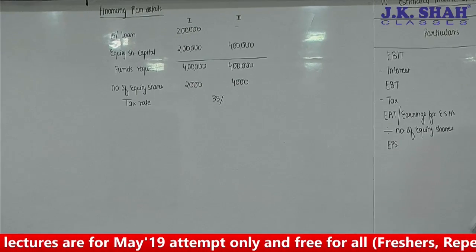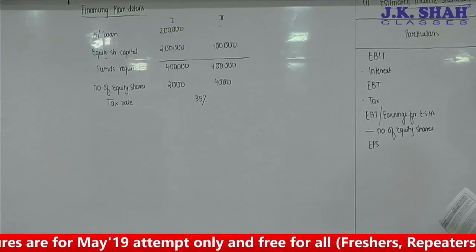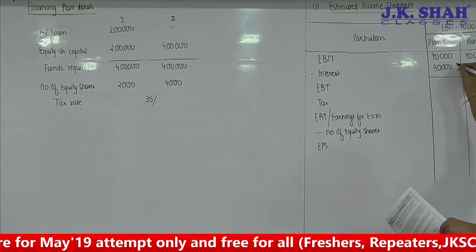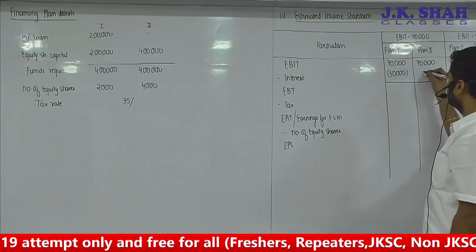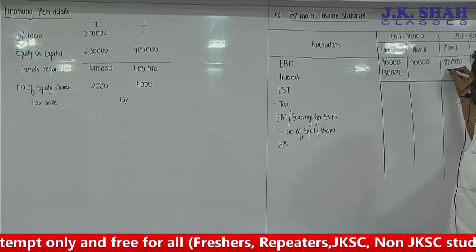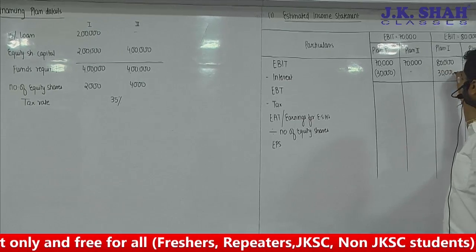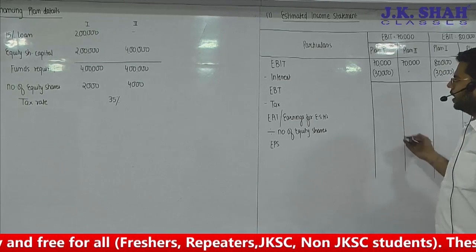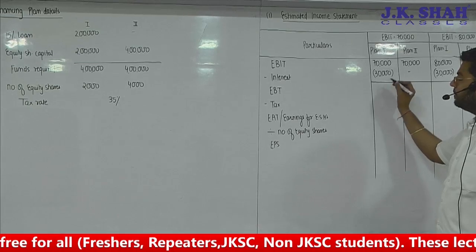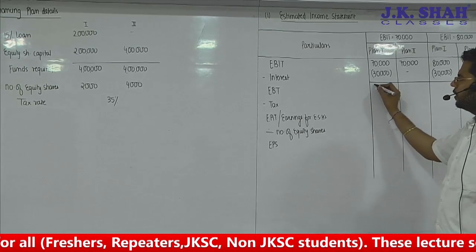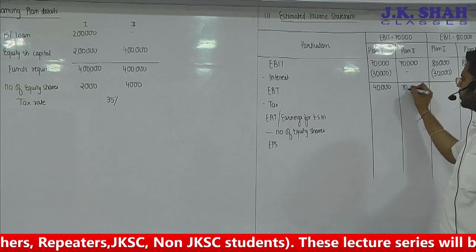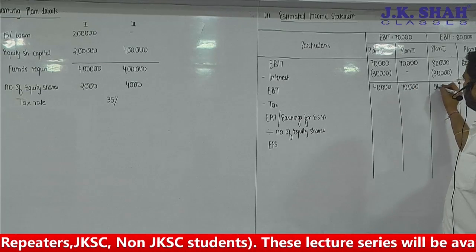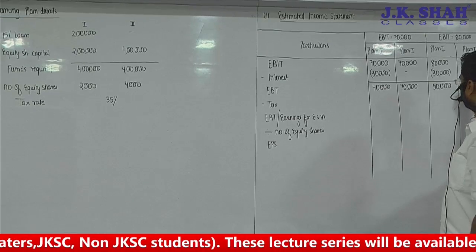So the interest will be 30,000 rupees, and that's only under plan 1, because there's no interest in plan 2. So here also it's going to be 30,000, and nil. When you subtract the interest from the EBIT, you get 40,000. That's going to be the EBT. Here it's going to be 70,000, 50,000 and 80,000.